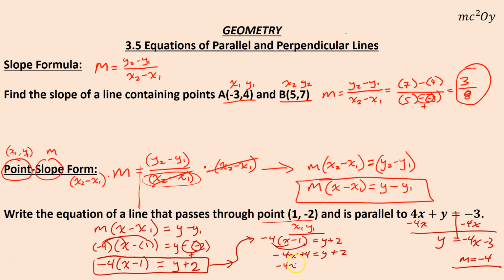So I get negative 4x, and then 4 minus that 2, when I bring it over, is 2, is equal to y. And then you just write it in slope-intercept form. You just move the y to the left-hand side. So it's y equals negative 4x plus 2. So either this format or this format would be perfectly acceptable. All right, so either or.